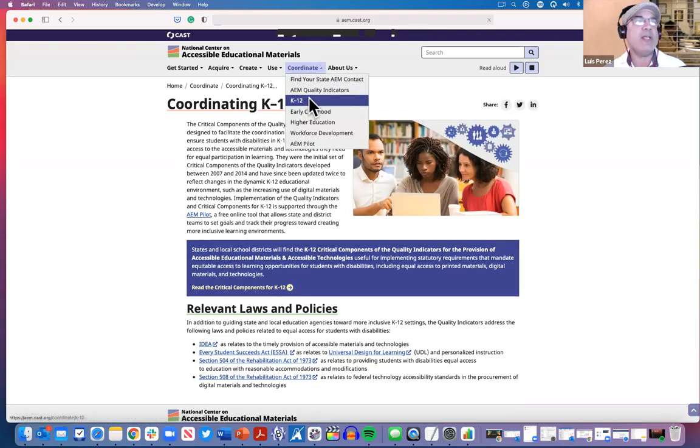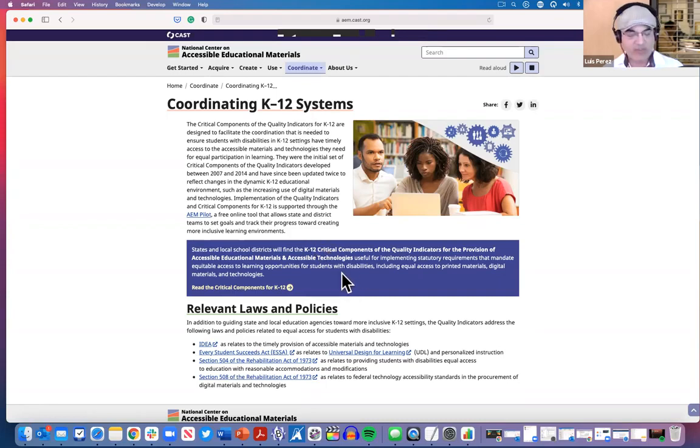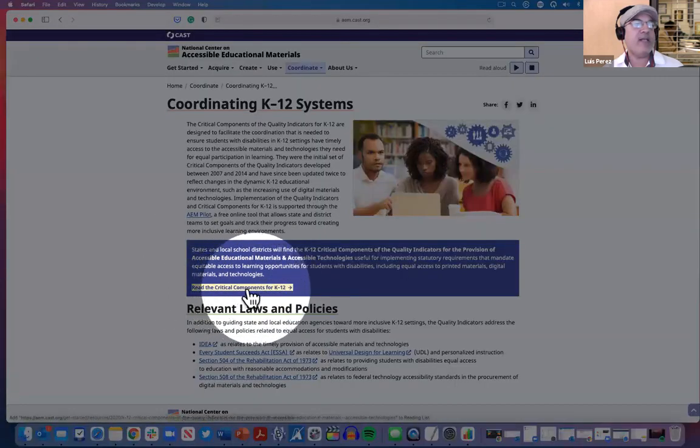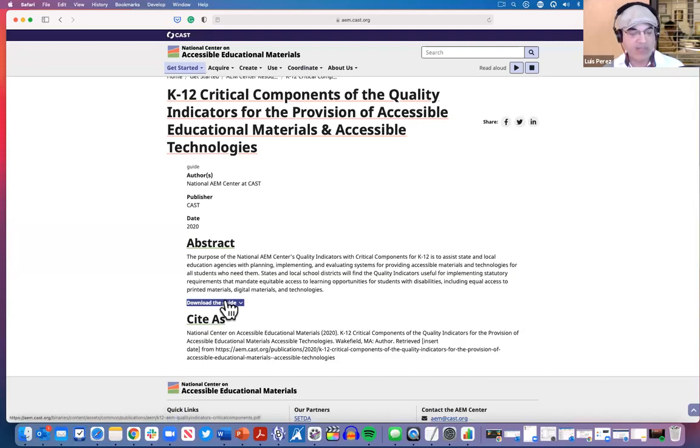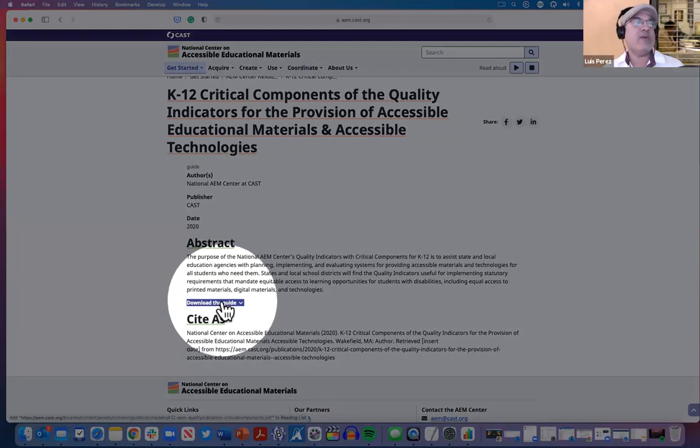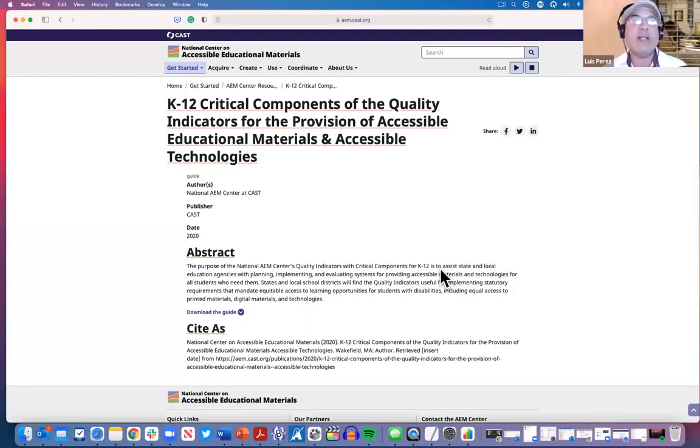Now if I go to the K-12, as just an example, look for this blue box towards the middle of the screen. And right here, you'll find a link and it will take you to the critical components for K-12 in this case. And then you can download the document. This is one of our resource pages, and you'll see a link here that says download the guide, and that will allow you to download the critical components or the quality indicators with critical components.